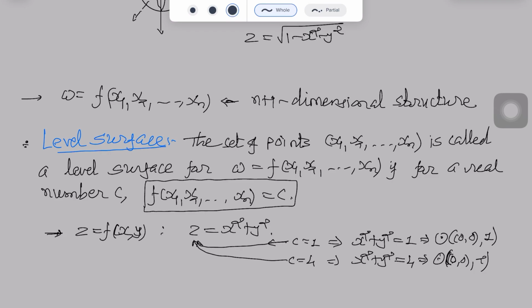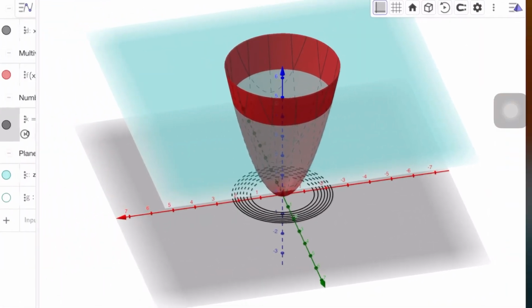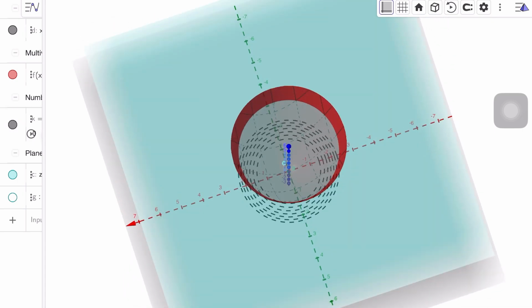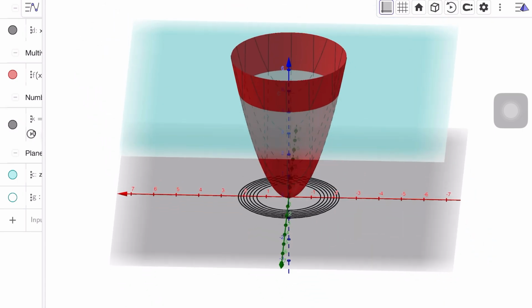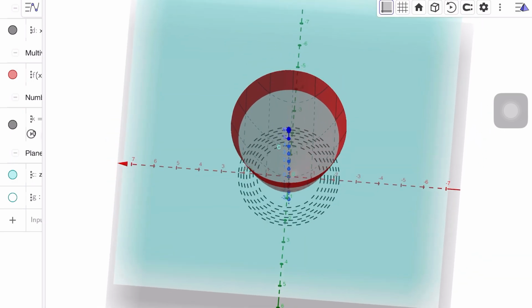Now, after level surface, we have another word which is called contour. I am not giving the definition of the contour, but let me explain what is the contour, right? So see, whenever we have drawn all these level surfaces, then the projection of the level surfaces on the xy plane represents the different circles.